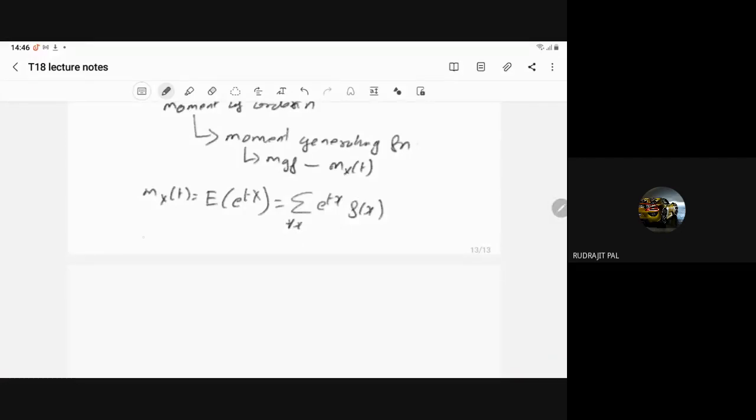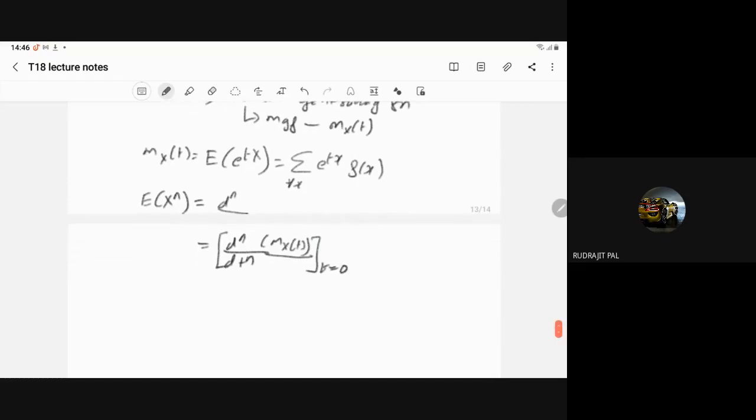And if you have to compute the nth order expectation, or nth order moment, how can you compute it from M_X(t)? You have to differentiate n times with respect to t, d^n by dt^n of M_X(t), and then put t equal to 0.